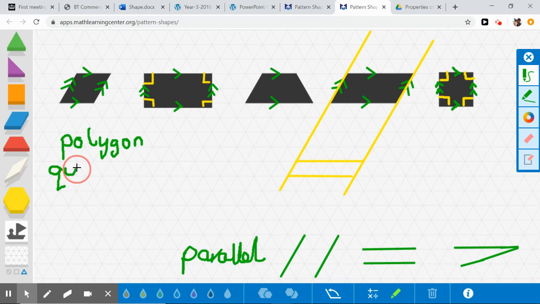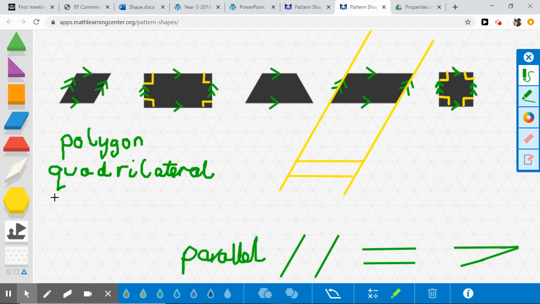Oh, it's going to take me ages to write. You could probably say it before I finish it. Can you remember? Quadrilateral. Quadrilateral means four sides. So all these are polygons, but even more specific, they're quadrilaterals.